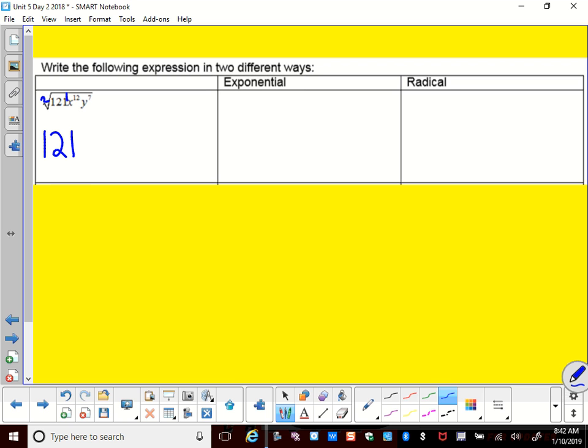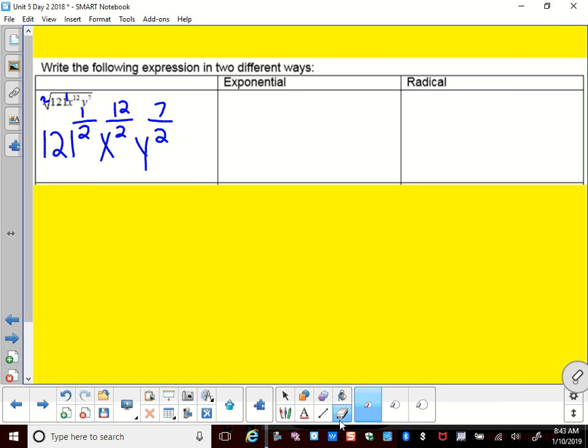Peyton told me the power on 121 was 1. My root was 2. What about x? What's my power? What's my root? 2. Good. And then y 7 over 2. Good. Do we remember that from last class? I hope so. That's step 1.